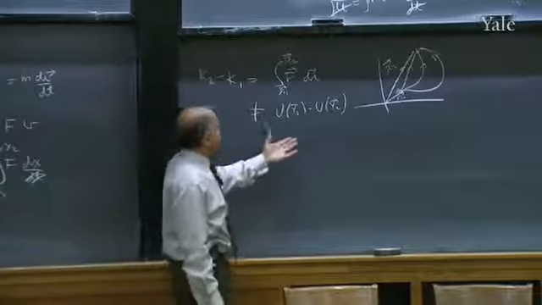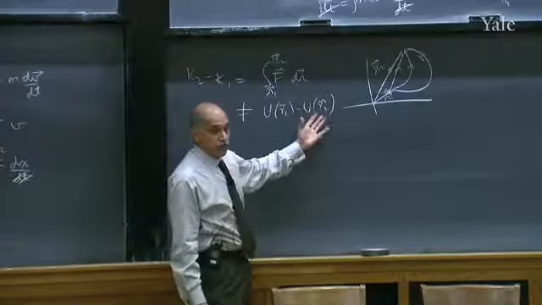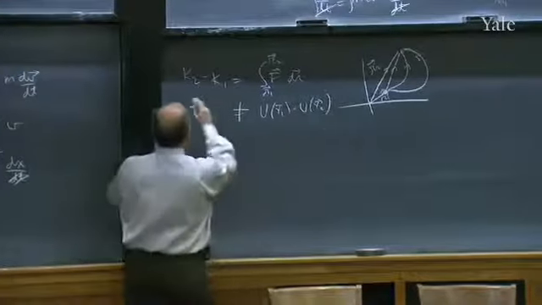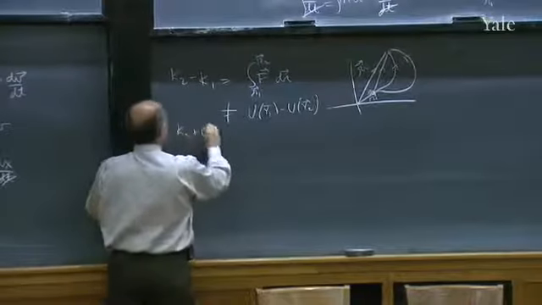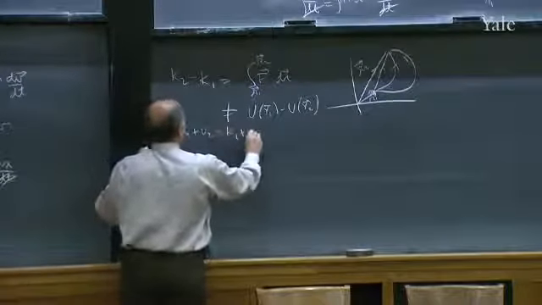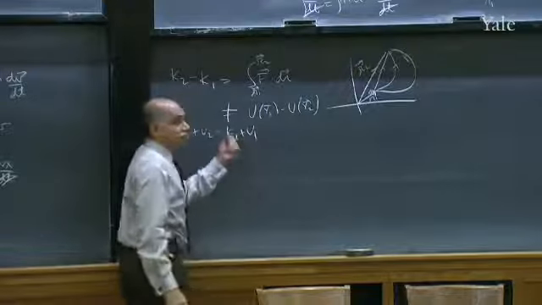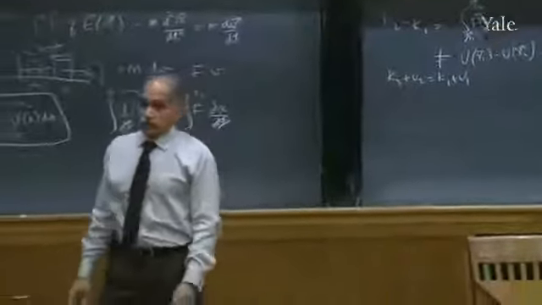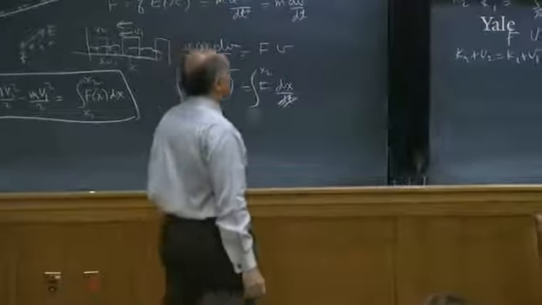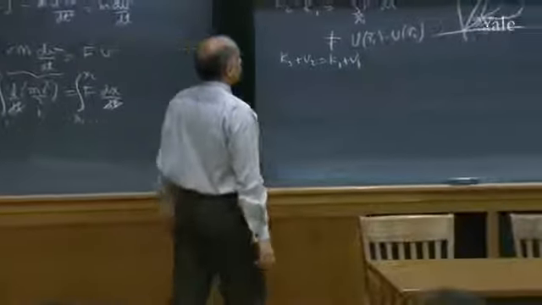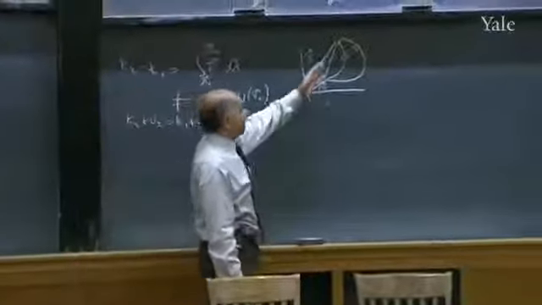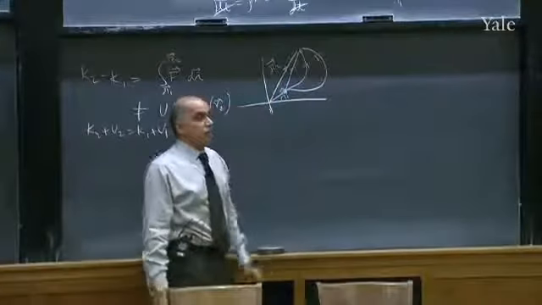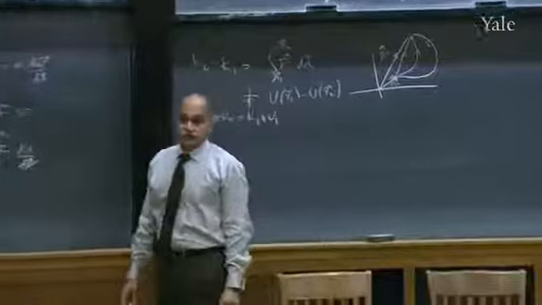Because if it had this form, we are done. You agree? If it had this form, then again you write K2 plus U2 is equal to K1 plus U1. But no one's telling you that's true. If it was true, you are in business. But it's a very unreasonable thing to ask of this force that the integral from some point to some other point does not depend on what path you integrated on.